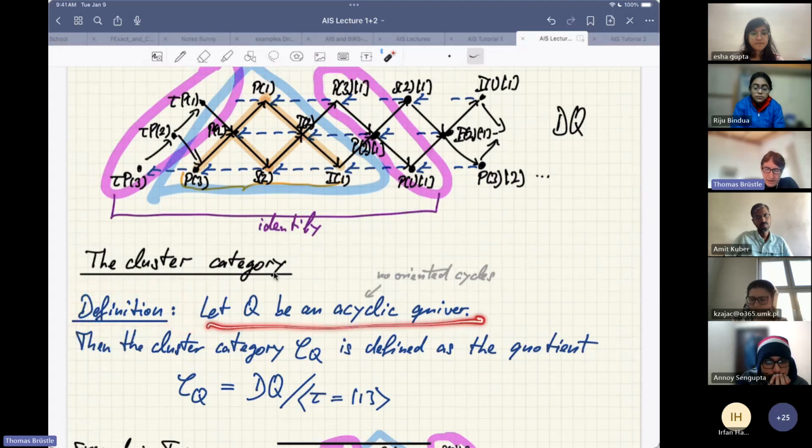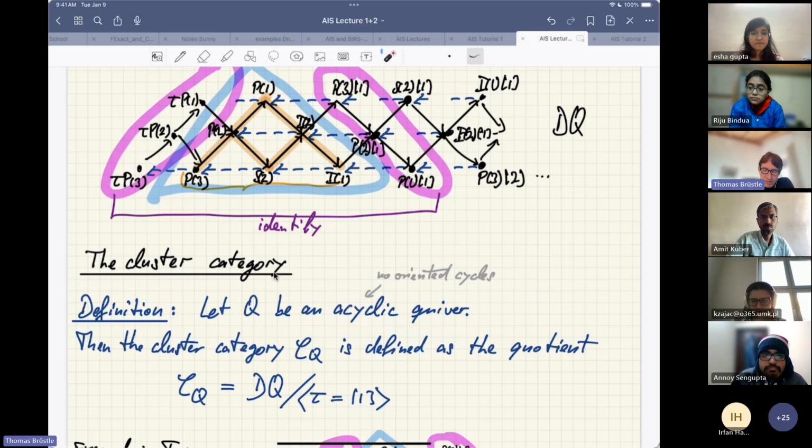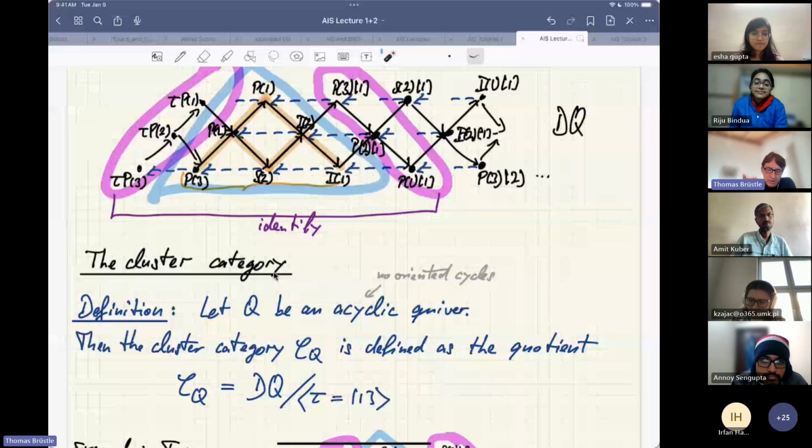Say we have an acyclic quiver, and by the way, this works generally, not only for Dynkin quivers, so this is now the general definition for a quiver that has no oriented cycles. Then the cluster category C_Q is defined as the quotient of the derived category D_Q by the operation that identifies tau with the shift. I just mod out this relation.